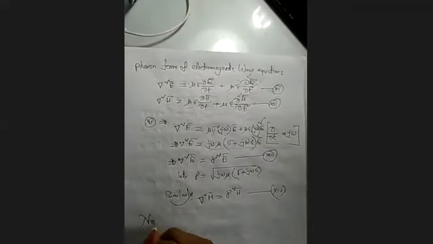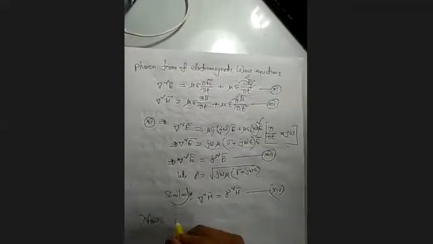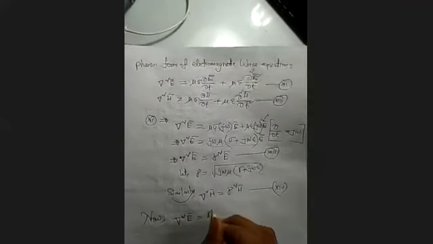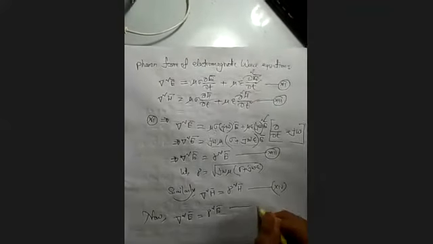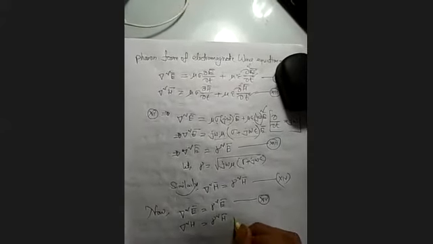Now if we just accumulate this: del squared E is equal to gamma squared E, this is equation number 15, and del squared A is equal to gamma squared A, this is equation number 16.